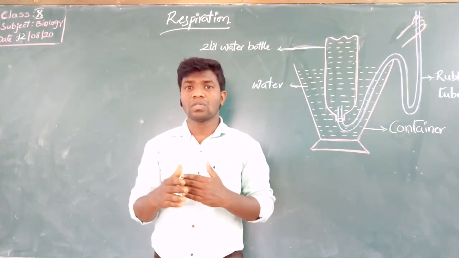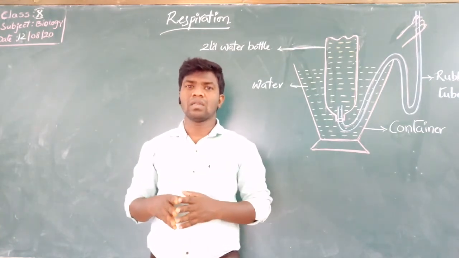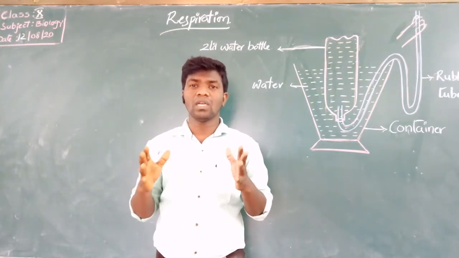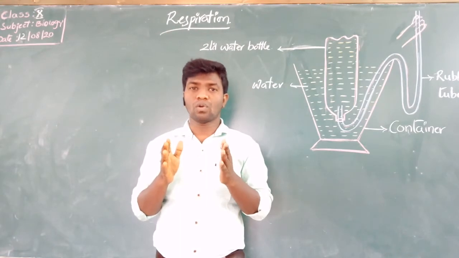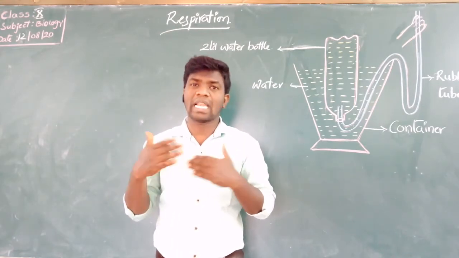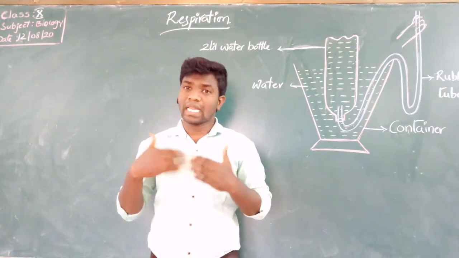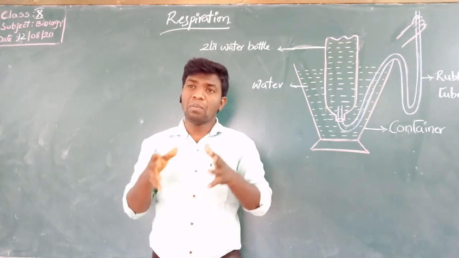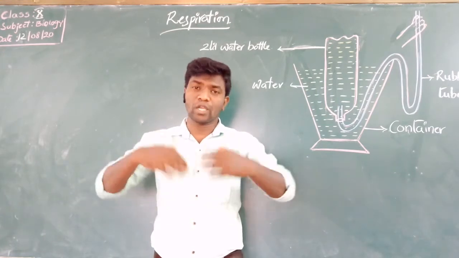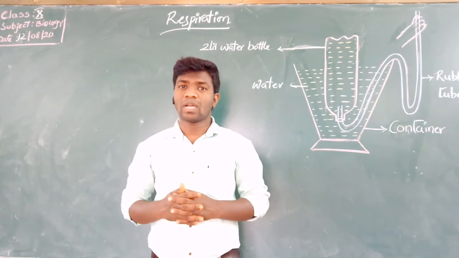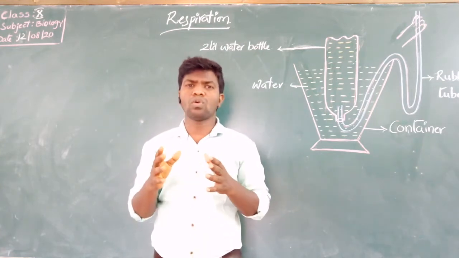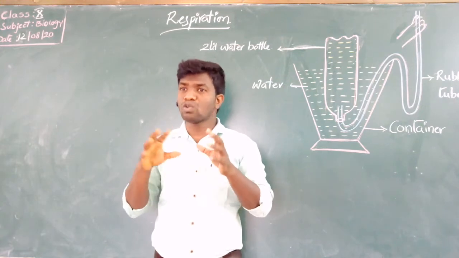Glucose is the most commonly used sugar for deriving energy in plants, animals and some microorganisms, including human beings. Listen carefully, students. In all these organisms, glucose is oxidized in two stages.